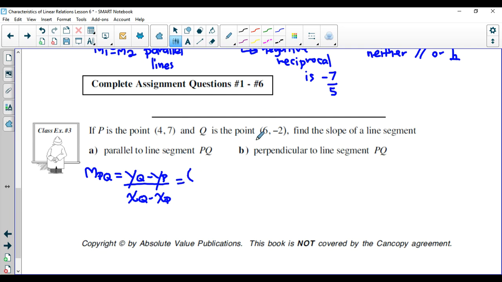YQ is the Y coordinate of point Q, which is negative 2. Subtract YP, the Y coordinate of point P, which is 7. Divide this by the X coordinate of point Q, which is 6, subtract the X coordinate of point P, which is 4. So this would be equal to negative 2 minus 7, which is negative 9, and then 6 minus 4 would just be 2.